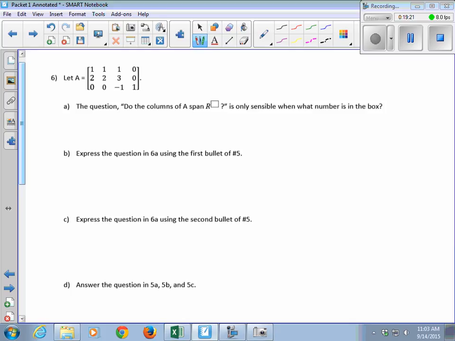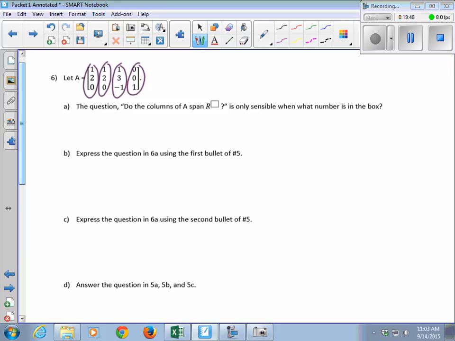Why 3? If I'm talking about the span of the columns of A, the span of some stuff means the set of all linear combinations of that stuff. So I'm going to take linear combinations of the columns. Any linear combination of those 4 columns, just throw some weights on those vectors, add them together.